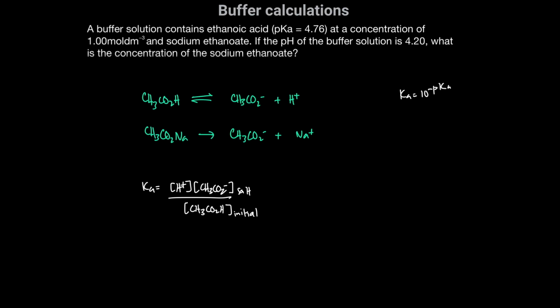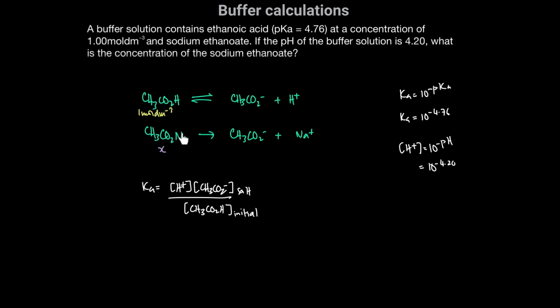So here Ka is 10 to the power of negative 4.76, and the concentration of H plus is simply 10 to the power of negative pH, which is 10 to the power of negative 4.20. And they've also given us the initial concentration of acid, which is 1 mole per decimeter cube. And they want us to find the concentration of sodium ethanoate.